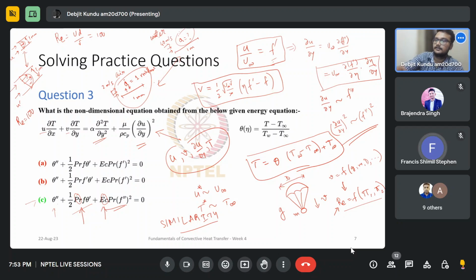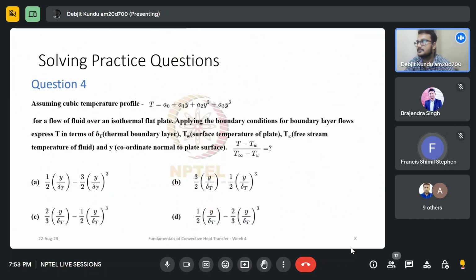Good. Okay, so we will now move on, if there are no more questions, to question number 4 of today's session, which is asking us now that we have to assume a cubic temperature profile, like the cubic velocity profile that we were discussing earlier.